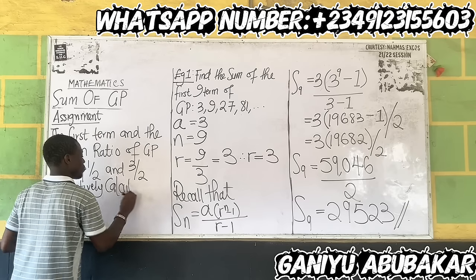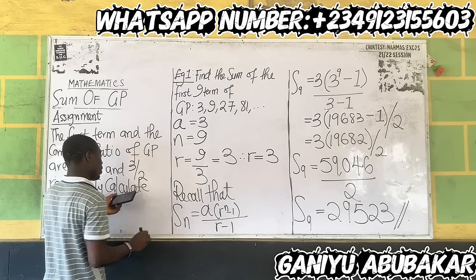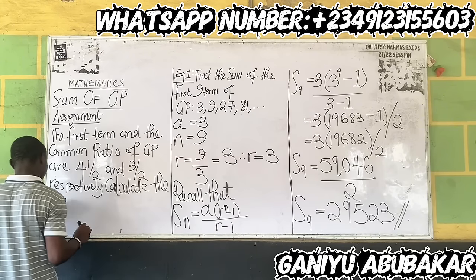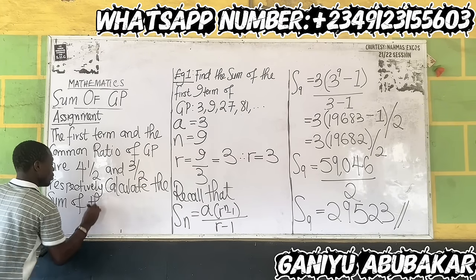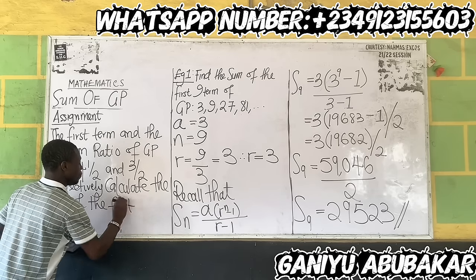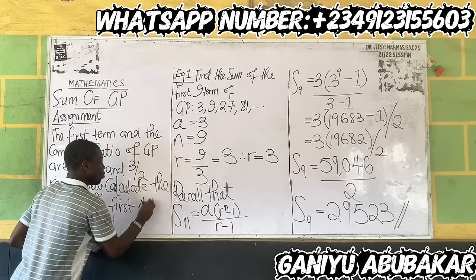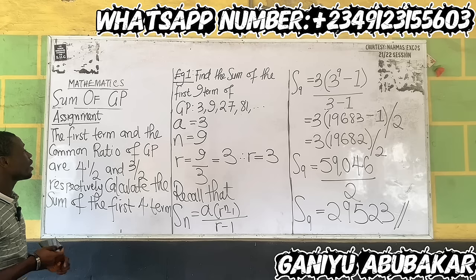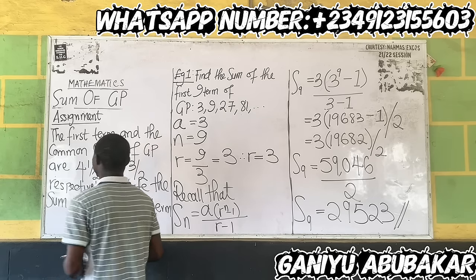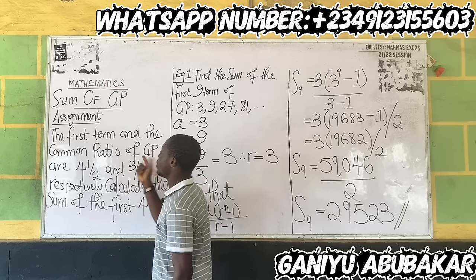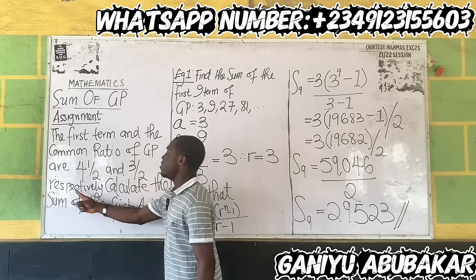Calculate the sum of the first 4 terms. All right. So to give you a hint to this question, it says the first term and the common ratio of the GP are this and this respectively.